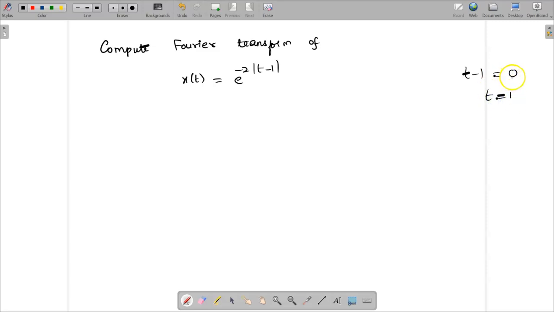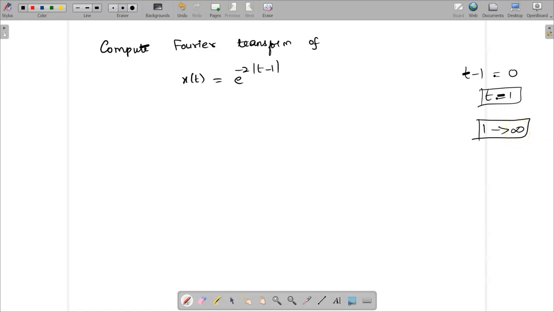So instead of 0 to infinite, here the exponential signal will vary from 1 to infinite in the positive side. Since they have given t minus 1, we have to assume the limit in the positive side as 1 to infinite. And again, since they have given modulus, we need to consider the limit in the positive side and the negative side also.